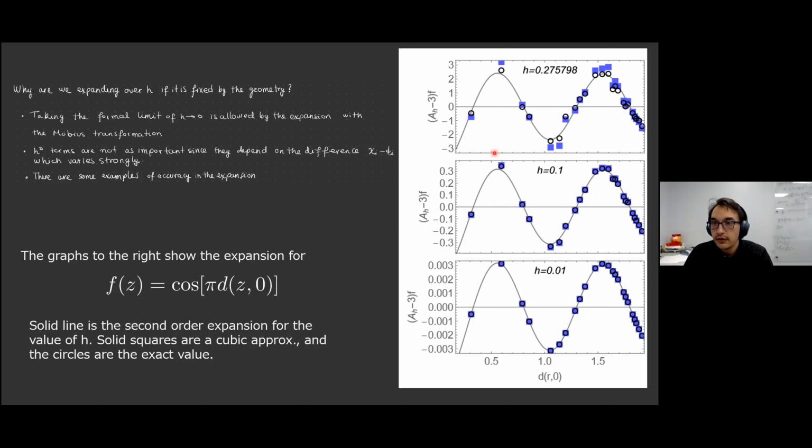But here you can see how the approximation evolves as you change h and how it is not that far away from the real value. So here the empty points are the real value of the function, the squares are the third order expansion, and the line is the second order expansion that we just derived.